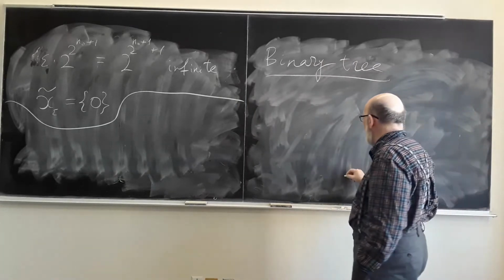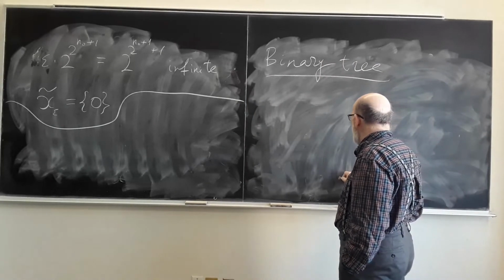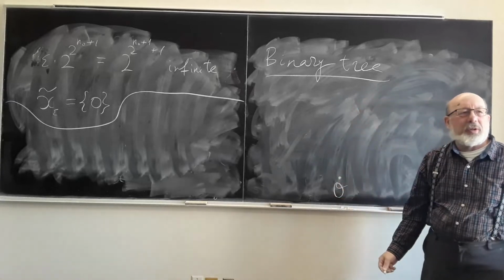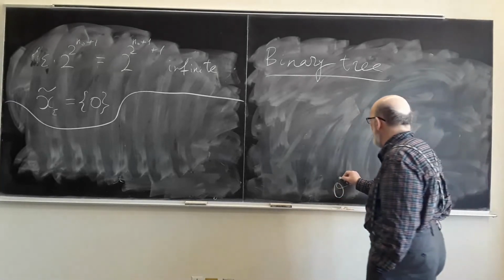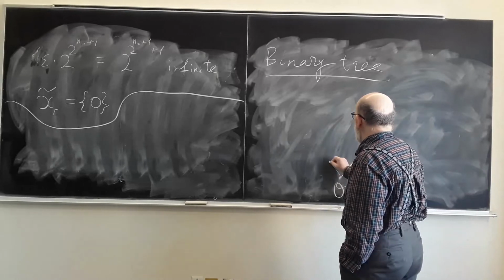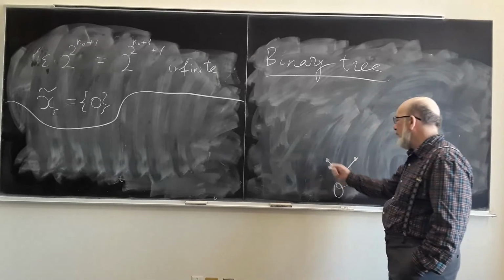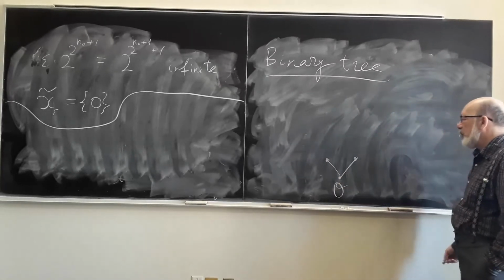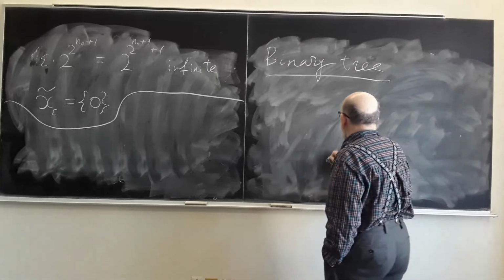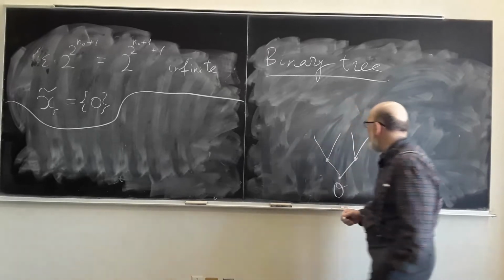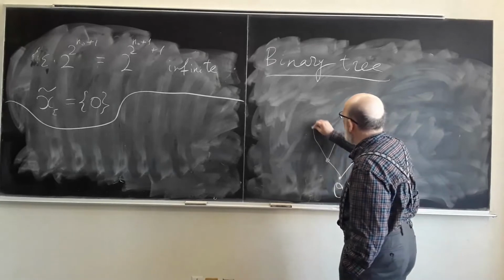A binary tree is the following graph. We have a root. Let me denote it by O. This is 1 point. Now you have two other vertices which are connected by edges with O. For each of these vertices, we have two other vertices which are connected with them, and so on.